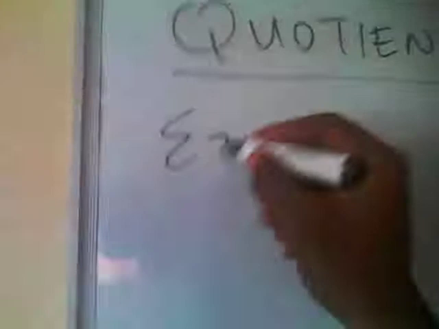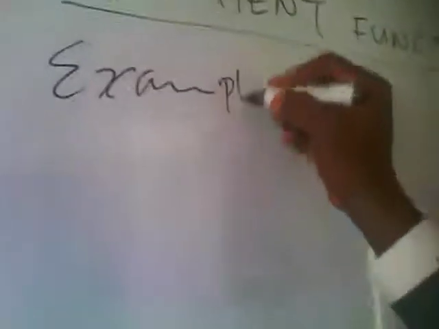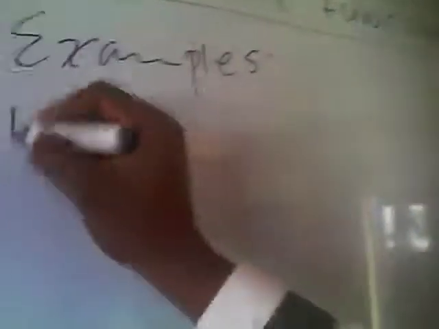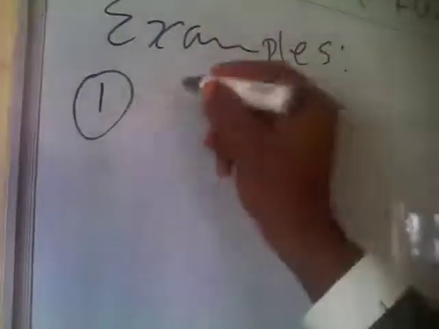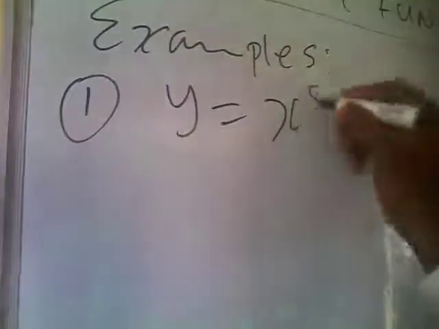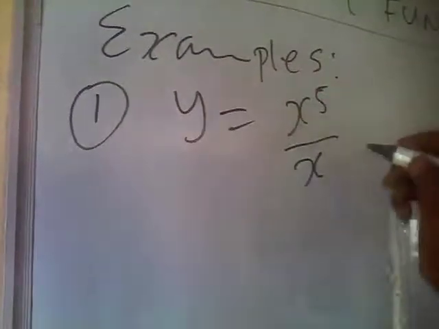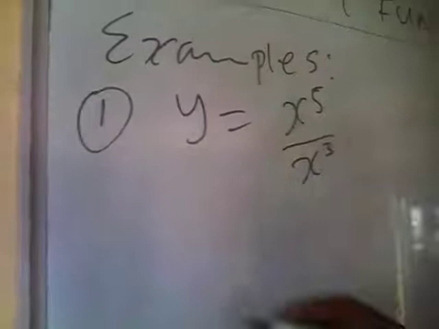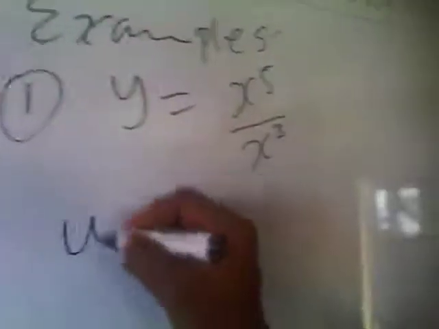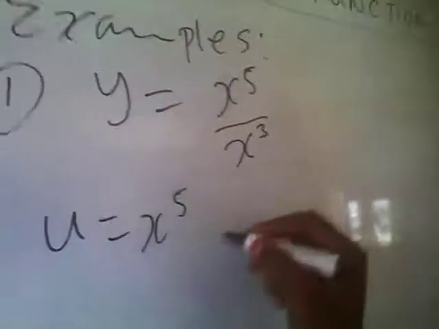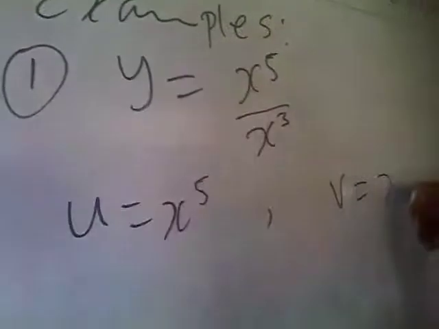Examples. Let's look at one or two examples today. Taking example 1. To obtain dy dx, if we have a function y equals x raised to power 5 all over x raised to power 3. It is obvious from here that our u is x raised to power 5 and our v is x raised to power 3.